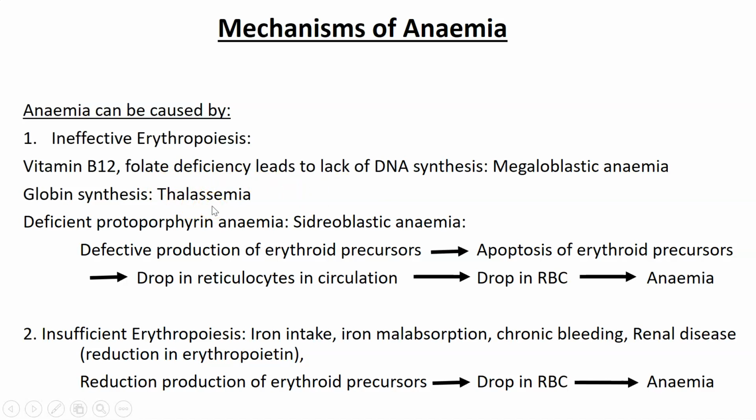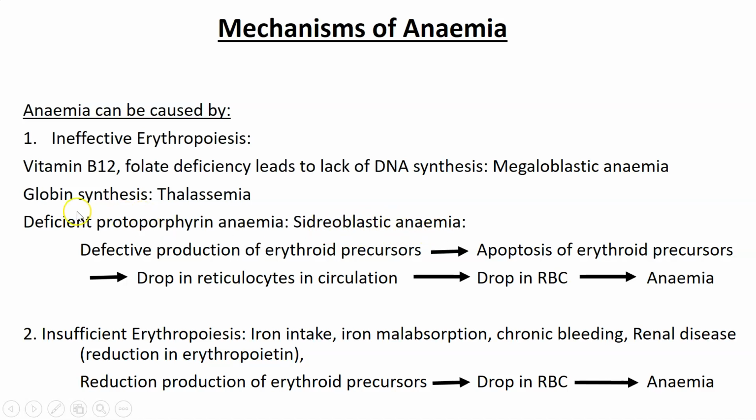Red blood cells require hemoglobin, so if you're not getting sufficient amounts of hemoglobin in red blood cells, those red blood cells are ineffective. Another feature could be the heme portion of hemoglobin. Remember, the precursor to the heme of hemoglobin is protoporphyrin. So if your body has defective genes that don't produce enough protoporphyrin, that's protoporphyrin anemia, and its technical name is sideroblastic anemia.